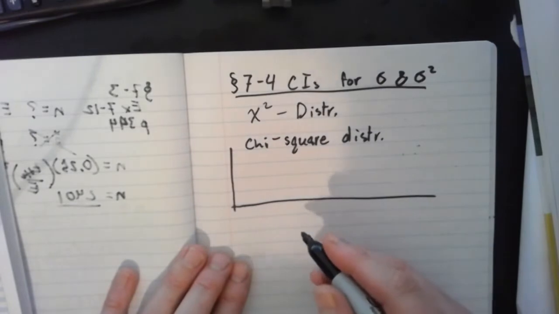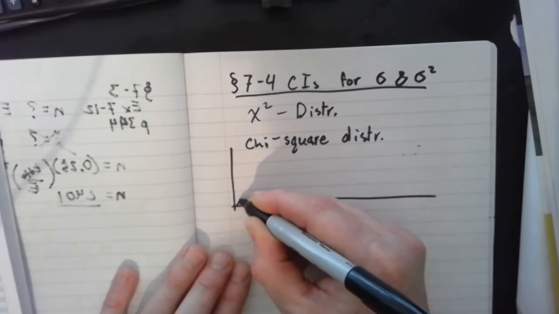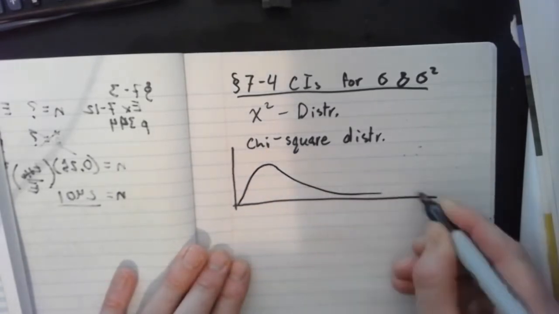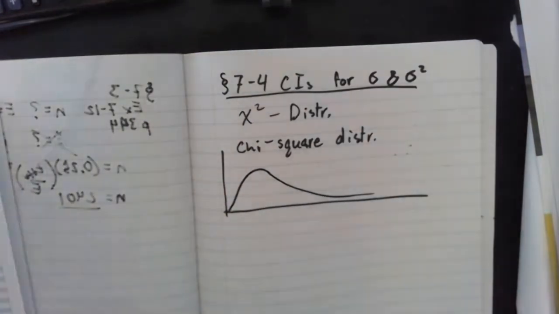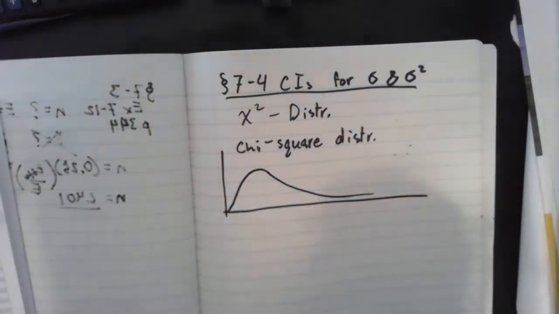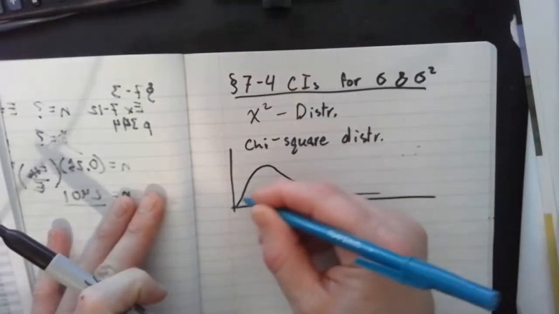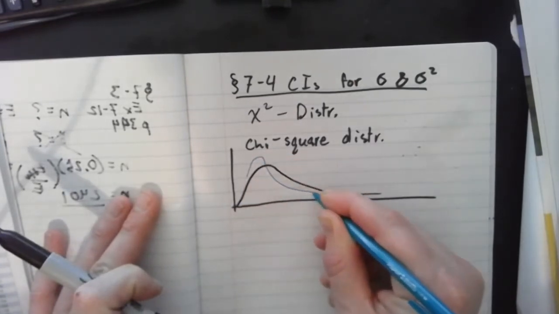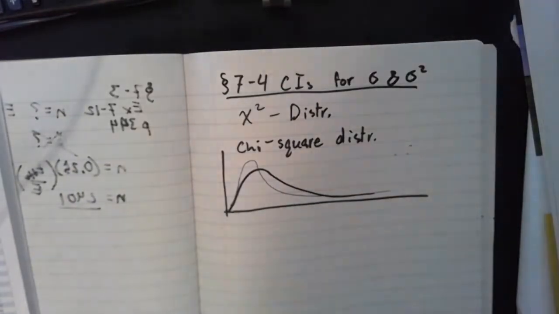Okay, all of these are positively skewed. So I draw mine kind of like this. Remember, it is a family of curves. So for different values of n, that means differing degrees of freedom, we have the curves looking slightly differently.